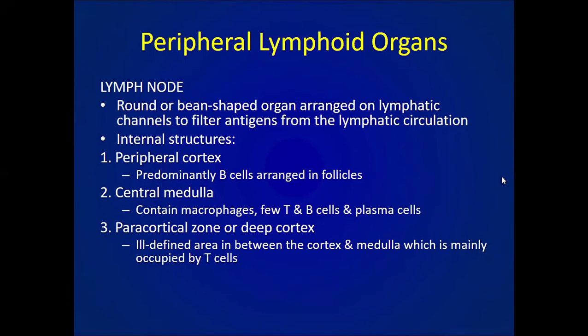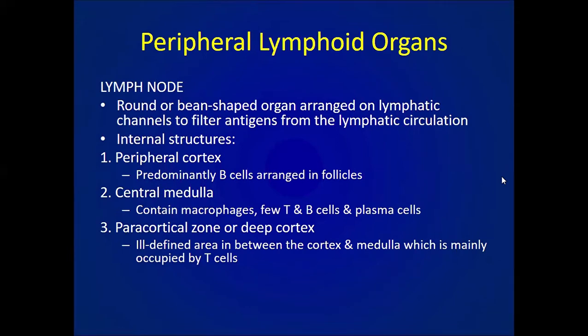If you cut the lymph node cross-sectionally, you can appreciate three regions. We have the cortex, the medulla, and the paracortical zone or the deep cortex. What are the cells located in these different regions of your lymph node?